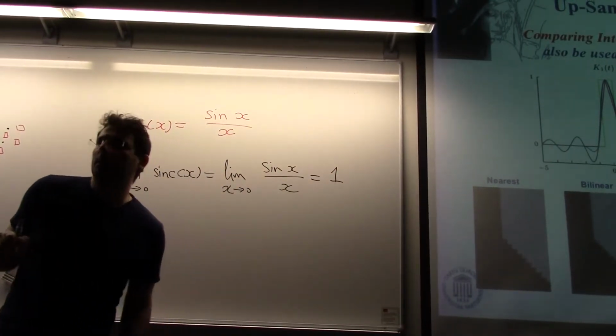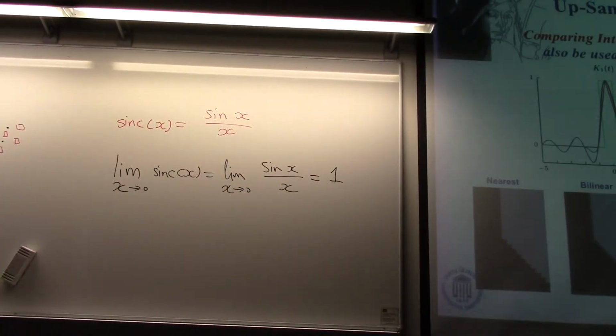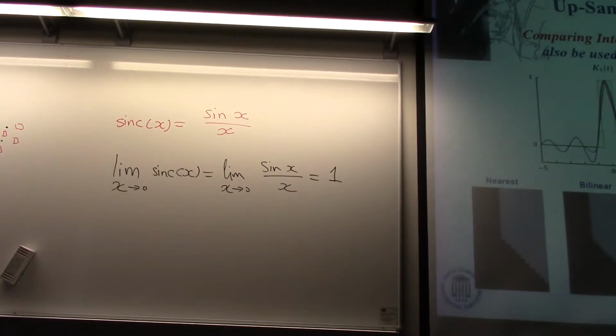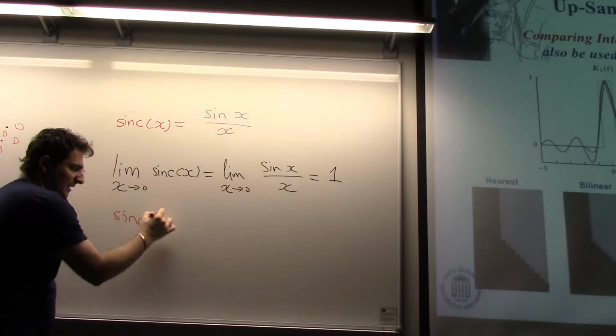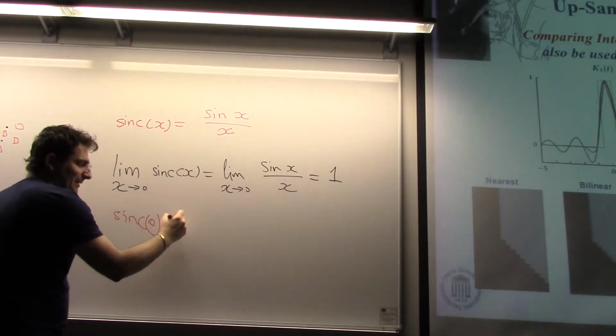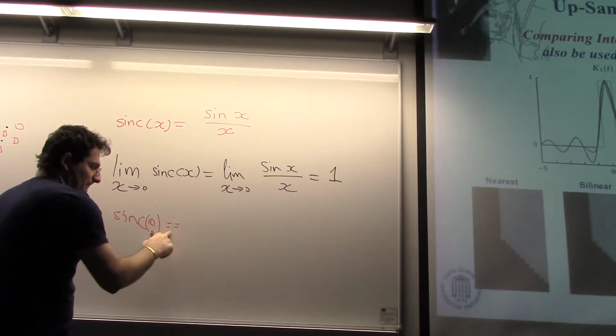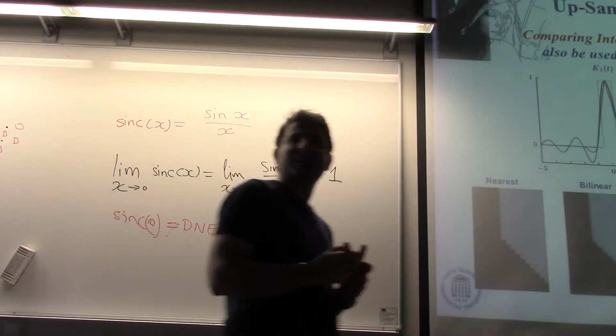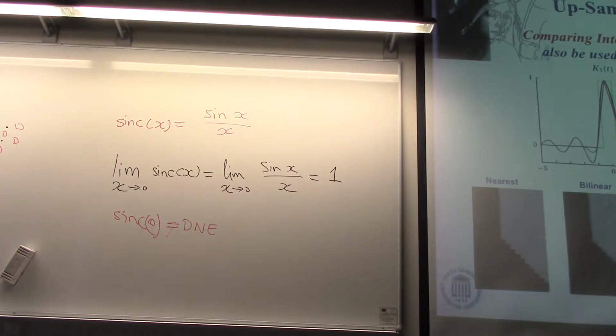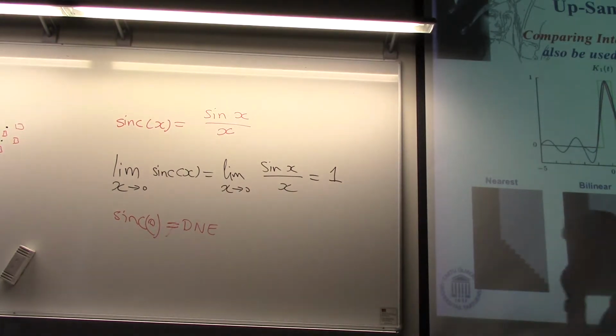You can use L'Hospital's rule in order to find it out. But, as Andres mentioned, sinc 0 does not exist. The limit goes to 1, but it does not exist. We put it as 1, we draw it, but it does not exist. Because it does not exist, we don't have it.